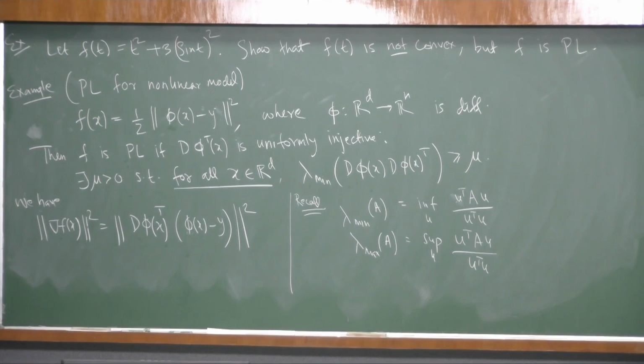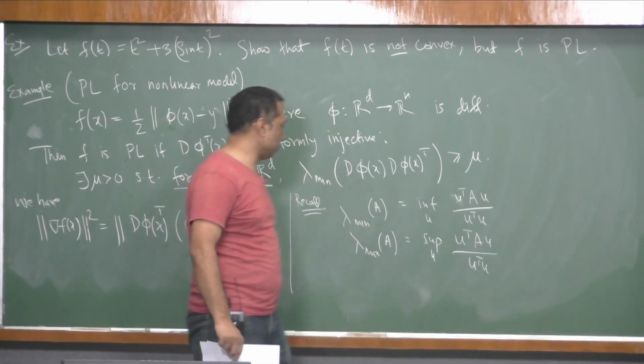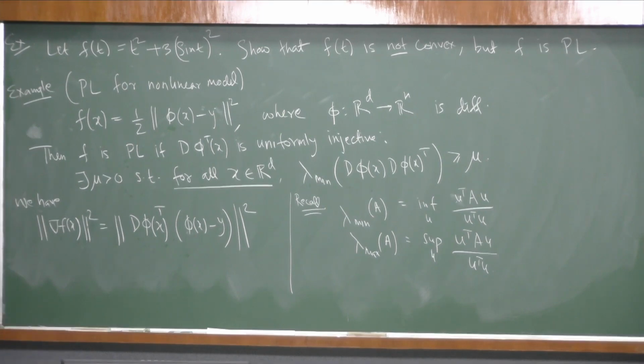Okay, so it seems like more or less things are set up here. If I expand this, then I do see it in this form, u transpose AU, where u is phi x minus y and A will be d phi times d phi transpose.